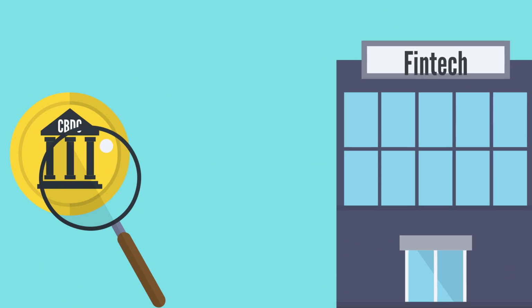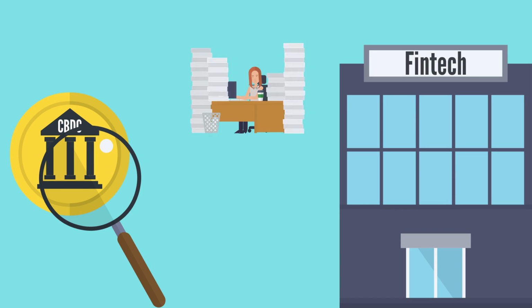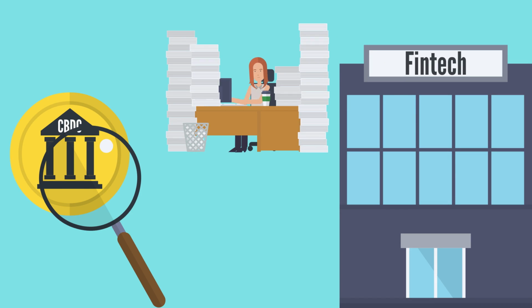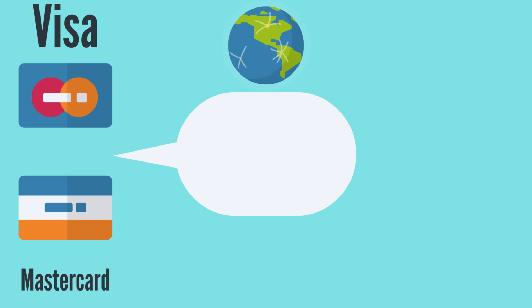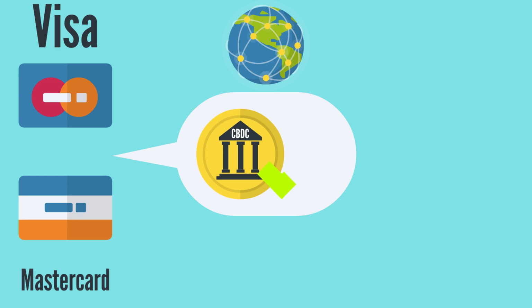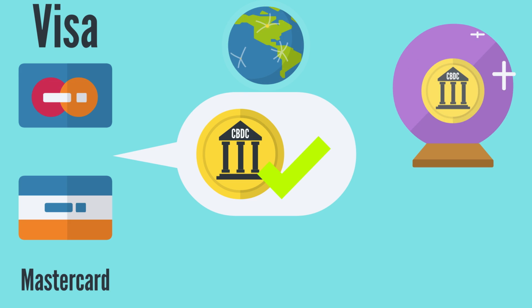A CBDC, on the other hand, is viewed by fintech as a chance to increase involvement in what, in theory, could become a significant component of the payments mainstream. Payment institutions like Visa and MasterCard have also commented, obviously attempting to preserve a place for businesses like their own in any system where a digital currency becomes a reality in the future.